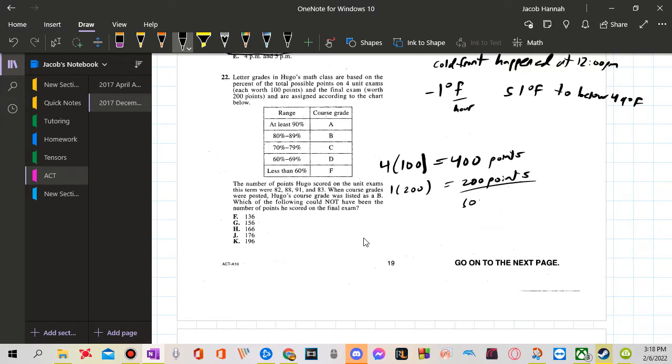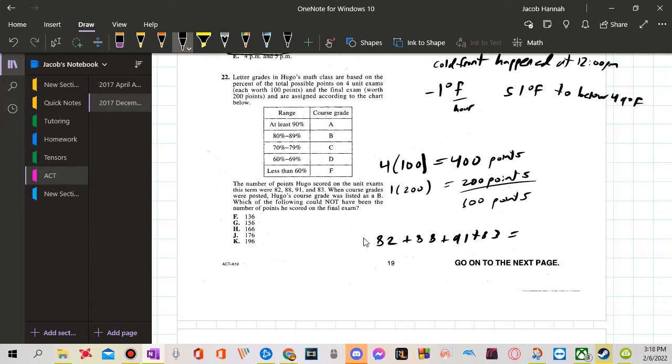So the maximum total of points you can get is 600 points. And he got 82 plus 88 plus 91 plus 83 points on the unit exams.